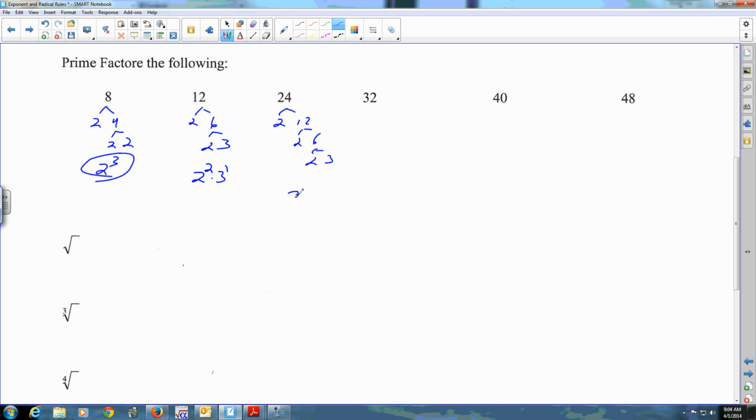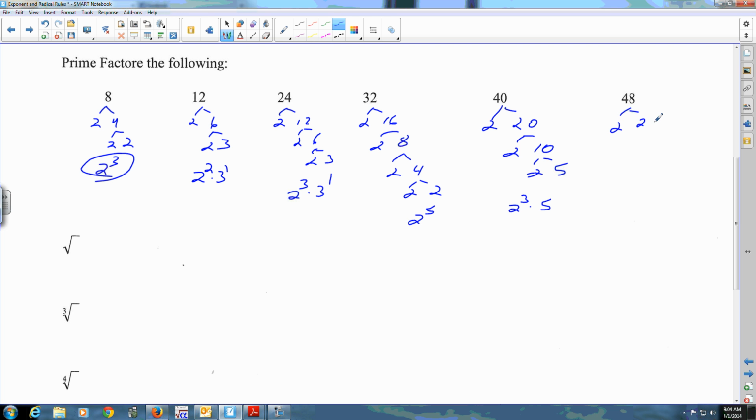So 2 cubed times 3 to the first. 2 and 16, 2 and 8, 2 and 4, 2 and 2. 1, 2, 3, 4, 5, so 2 to the 5th. 40, 2 and 20, 2 and 10, 2 and 5, so 2 cubed times 5. 2 and 24, 2 and 12, 2 and 6, 2 and 3, 1, 2, 3, 4, so 2 to the 4th times 3. So these are those numbers prime factored.